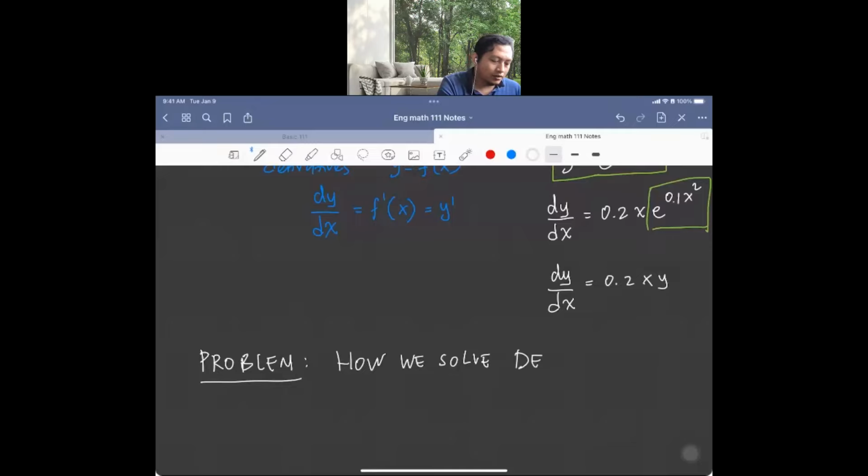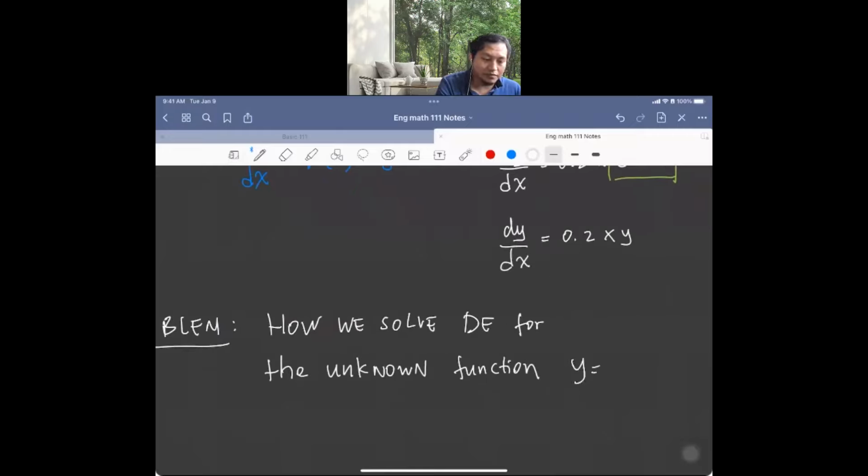How we solve the DE for the unknown function. Let me write this y equals, let's say, psi. This is just a symbol to differentiate from the f that I wrote, but it's actually a function. It's just my symbol.